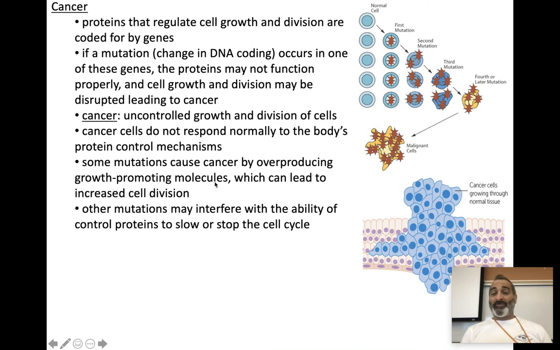So cancer happens when the proteins that regulate cell division are not working properly, or when you have a change in your DNA that leads to the overproduction of growth promoting factors like growth hormones and insulin growth factor, for example. All right. Now, the whole idea is you need cell division, and the cell cycle has to be controlled. When the control is lost, that is generally when cancer happens.